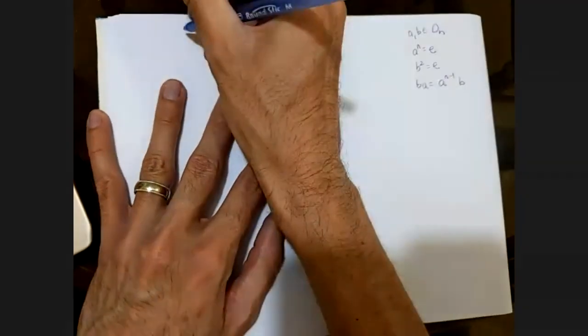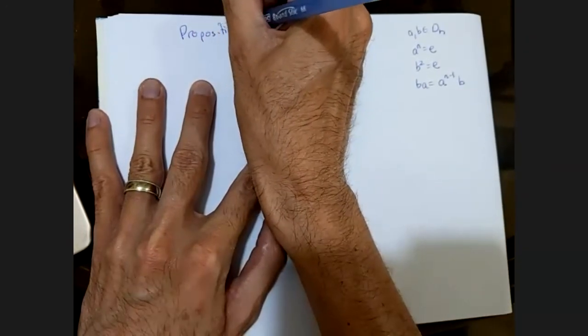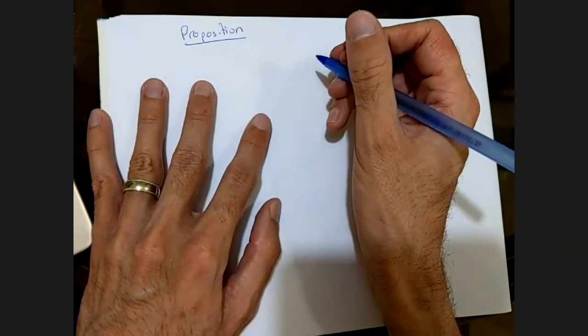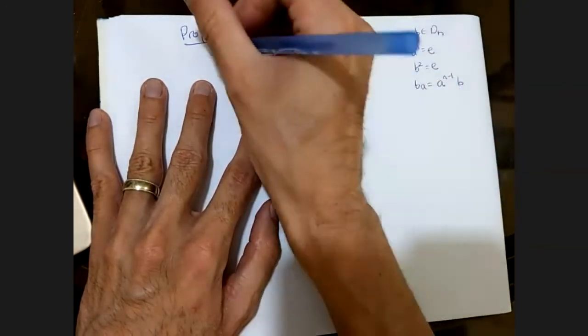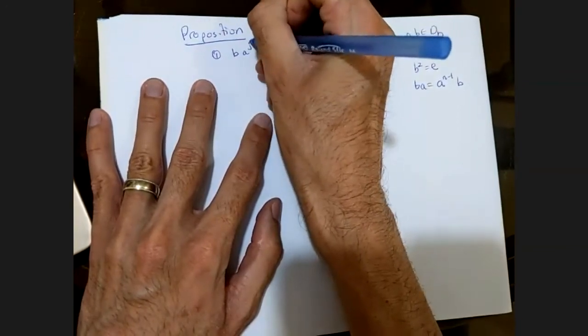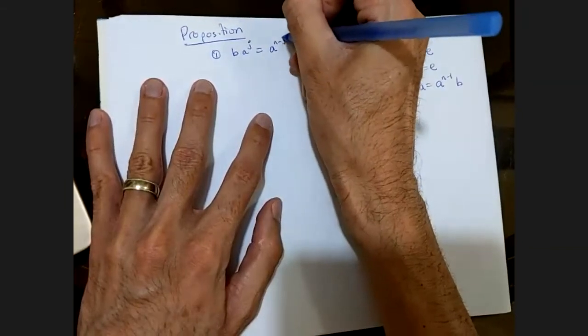So you can prove the following formulas. B A to the j is just A to the n minus j times B.